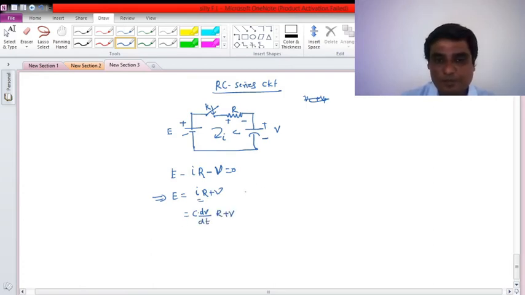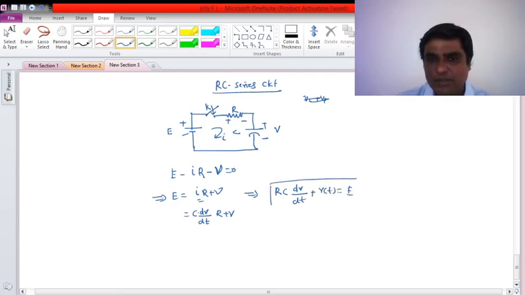Let us write it systematically. It will be R C dV by dt plus V of t, which is equal to E, and this is the differential equation we have, and we know how to solve it. It is my non-homogeneous linear ordinary differential equation, and I have to solve for V. When any higher order differential equation, make the differential coefficient equal to 1.